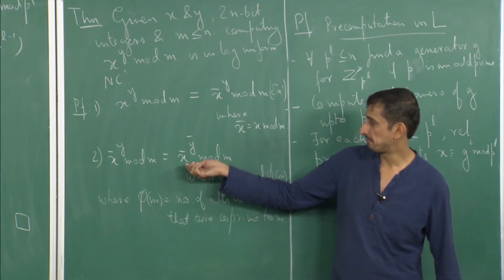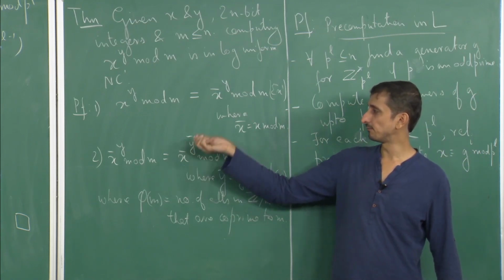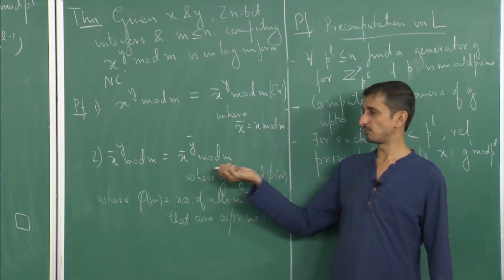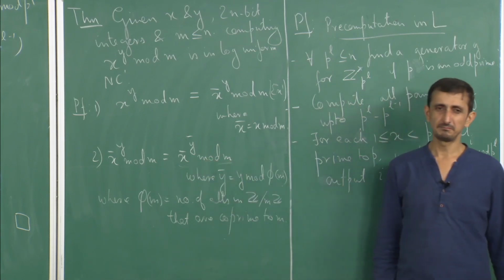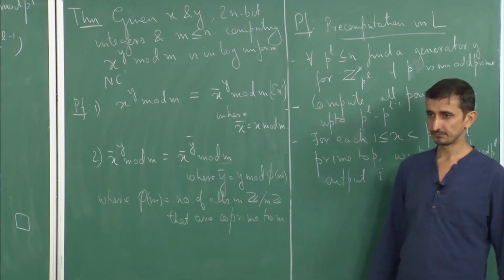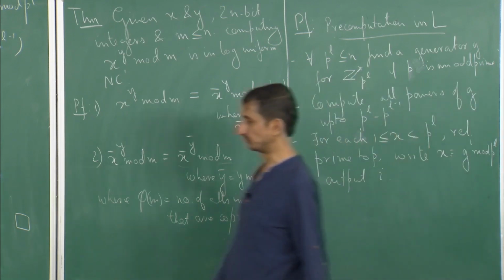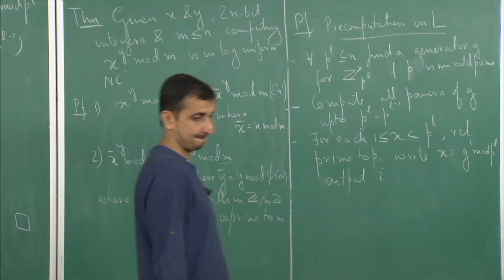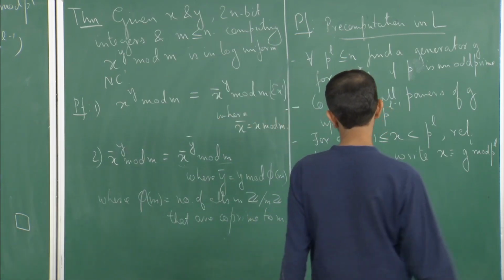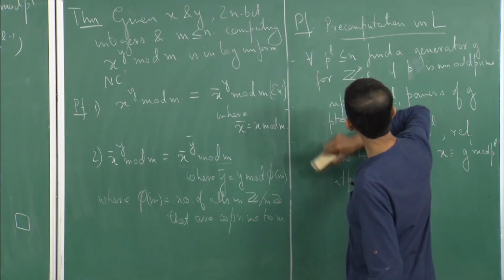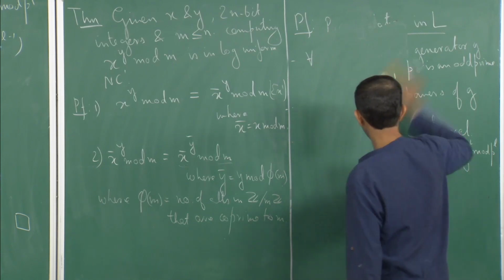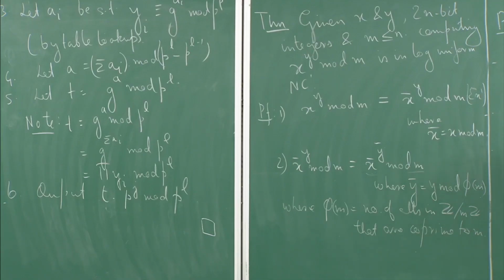So I am computing a small number to the power another small number mod m, and this can even be done by brute force. Okay. So this is easy to do. Okay. So now let's move to the next result.